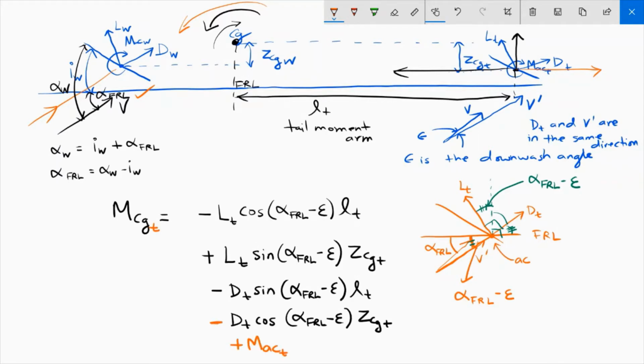Now here we will make some assumptions which will help us to simplify this equation for the moment about the center of gravity. So the assumptions are as follows. We will assume that this z cgt is very small in comparison to the tail moment arm.